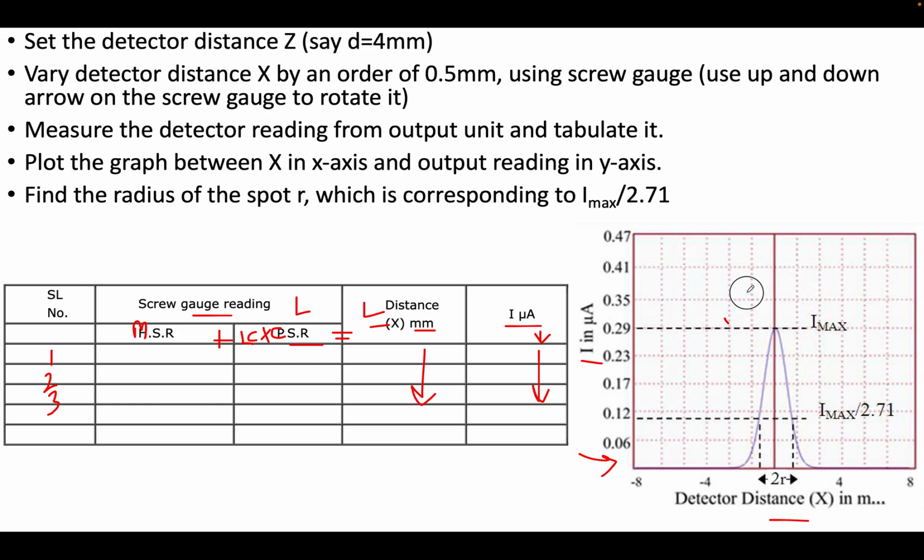You will get this kind of plotting, and when you take 1 by e times the exponential decay of current, okay, 1 by e times of this maximum peak which is coming out to be here, this will give you the value of diameter d. This is coming out to be the d value, and once you do d upon 2, you will get the value of r here.